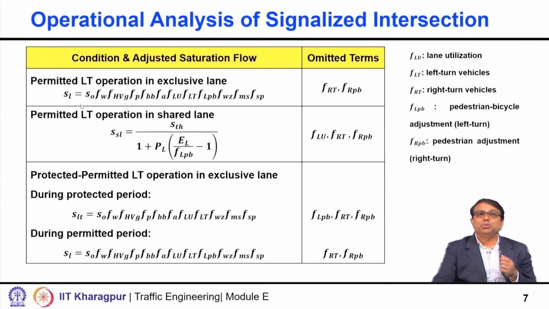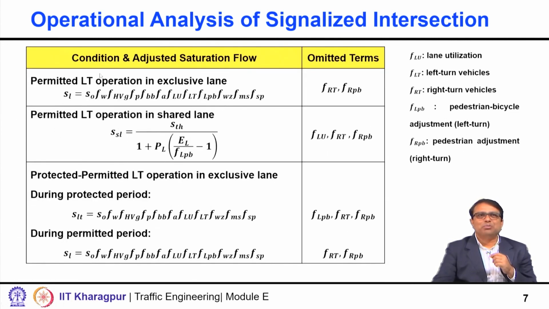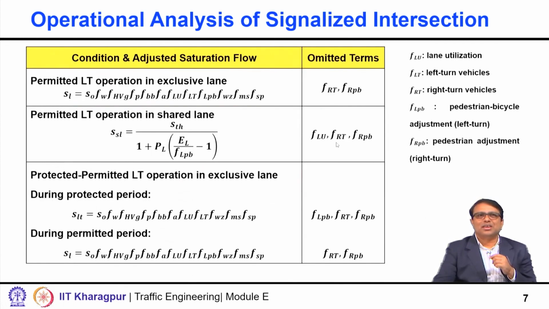Now, coming to permitted left turn operation. Earlier I said protected operation in an exclusive lane, and now we are saying permitted left turn in an exclusive lane. What is the omission here from the earlier one? Pedestrians, right.